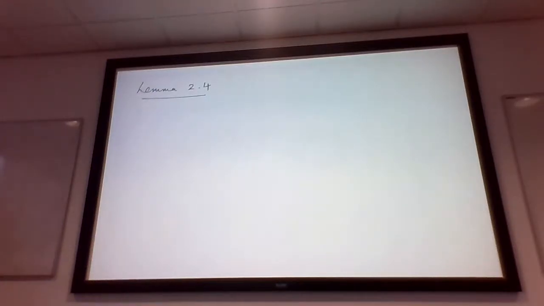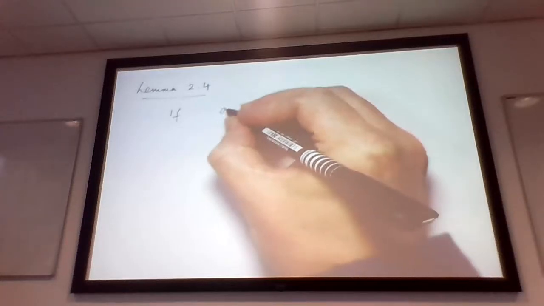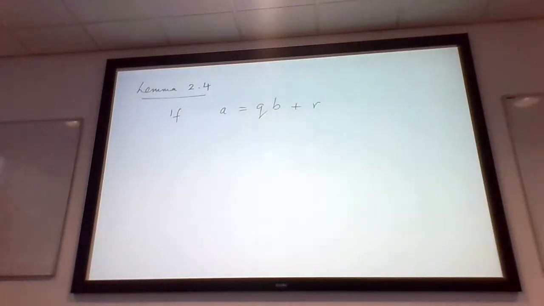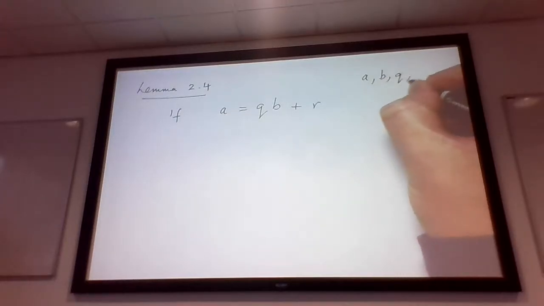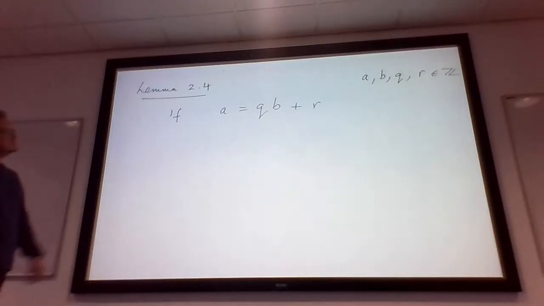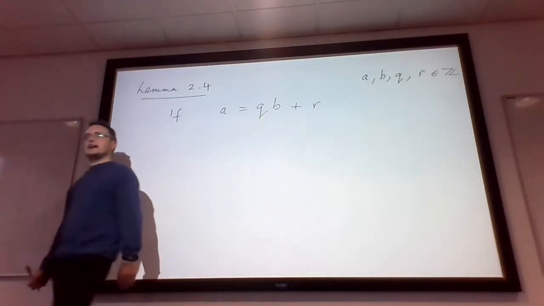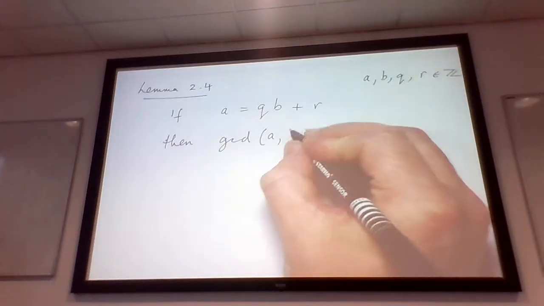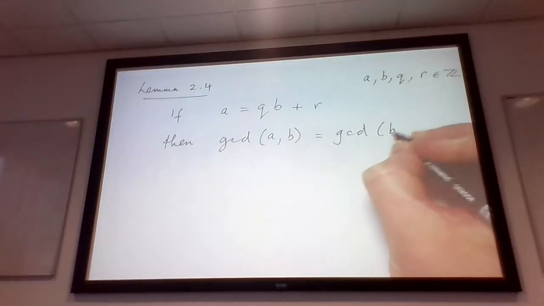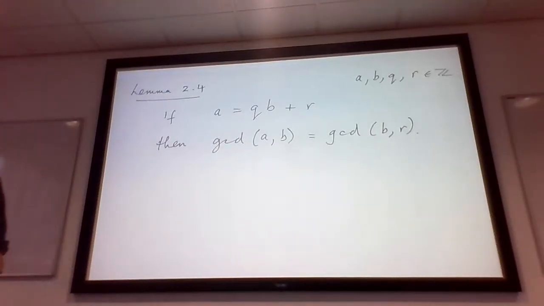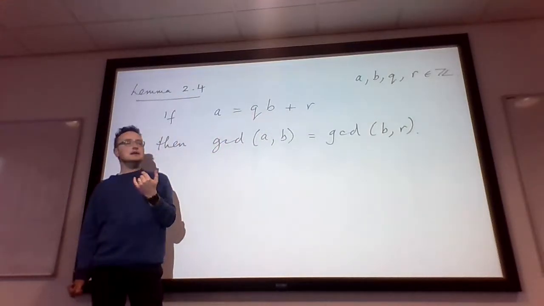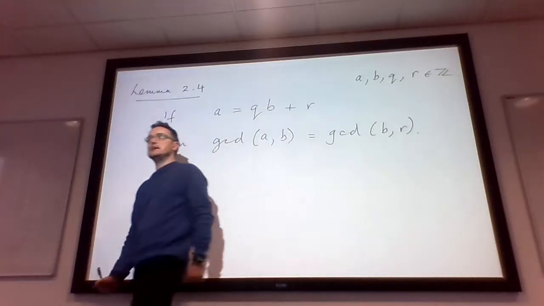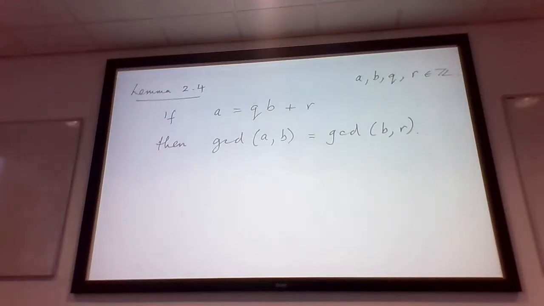So lemma 2.4 says if we have integers a, b, and r in this kind of relation, and this is the kind of equation we'd have if we performed an integer division of a with remainder r, then the greatest common divisor of the pair A and B, whatever it may be, is exactly the same as the greatest common divisor of B and R. So we'll prove that, and then we'll meditate on its significance.